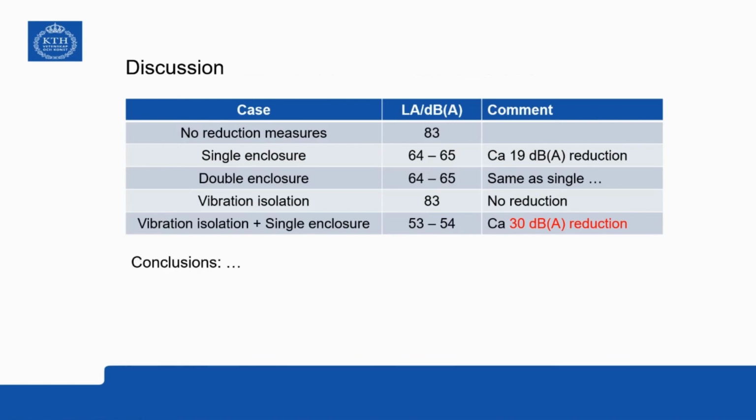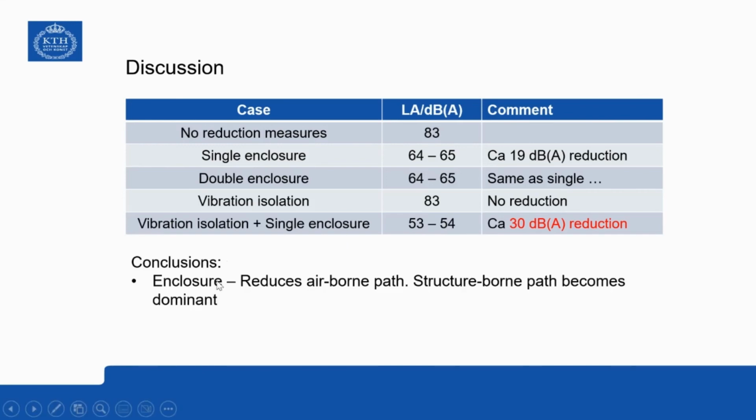So what we can conclude here from this experiment is that the enclosures, they reduce something that we call the airborne path. That is the path, the transmission path of the airborne sound radiated directly from the machine to the air. That is the sound that is reduced by the enclosures.